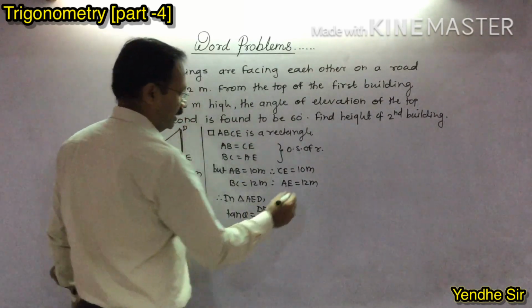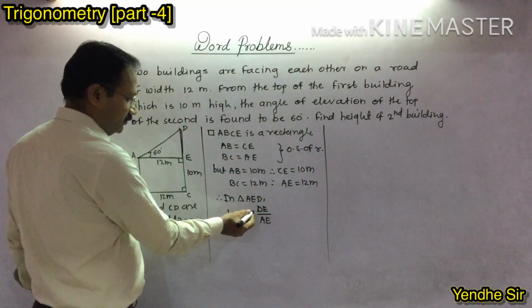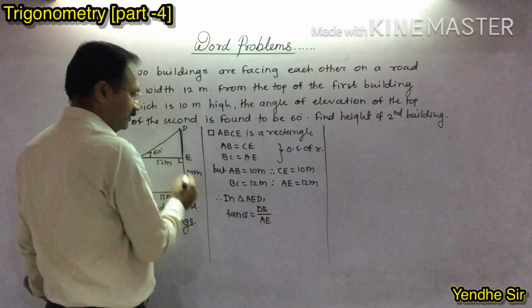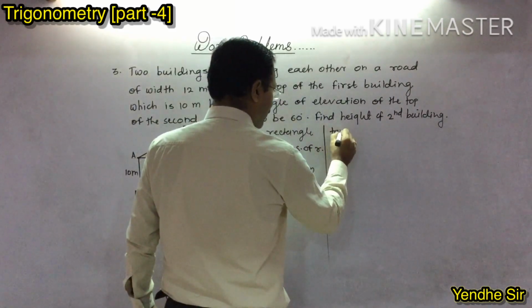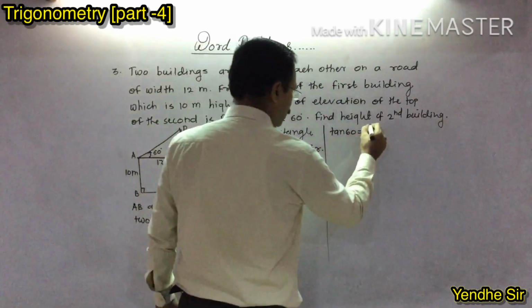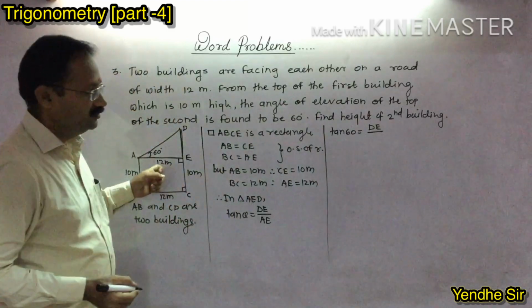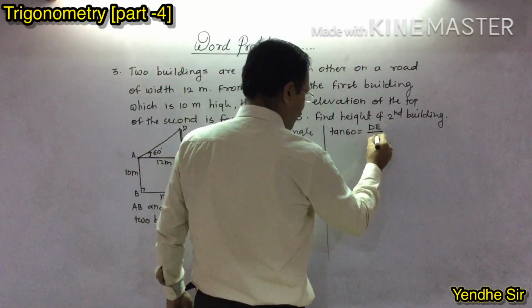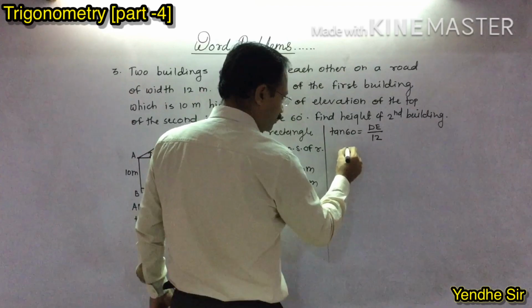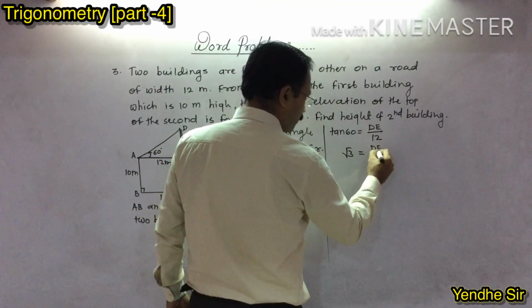Now substitute the values. Tan theta is given 60, so tan 60 equals DE upon AE. Is DE given? No, it is not given. And AE is 12. So tan 60's value is root 3, equal to DE upon 12.